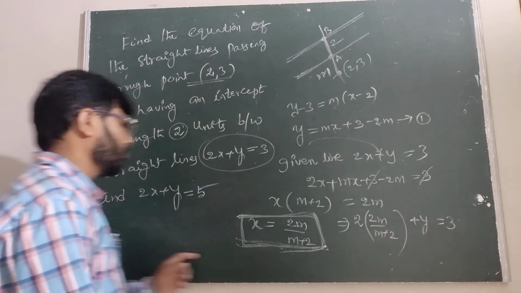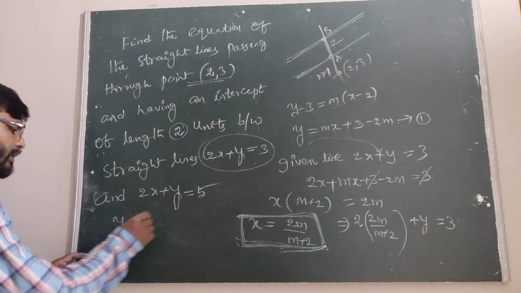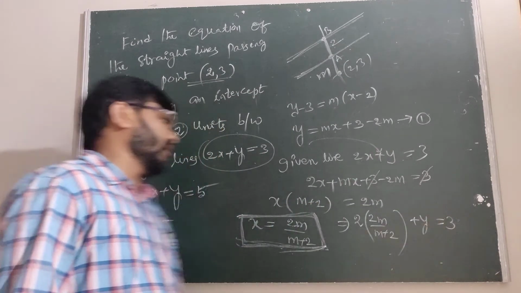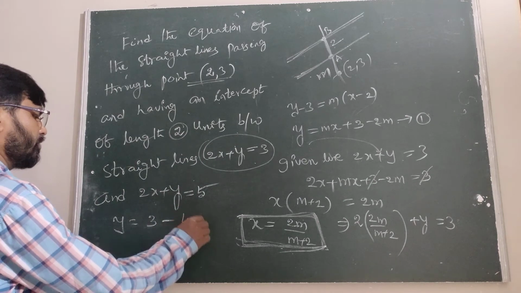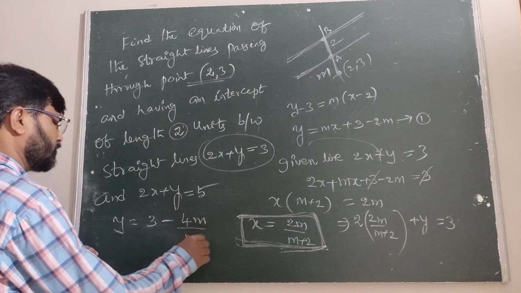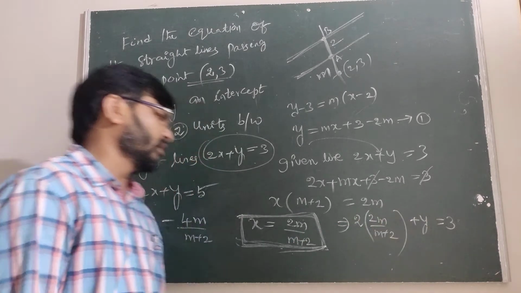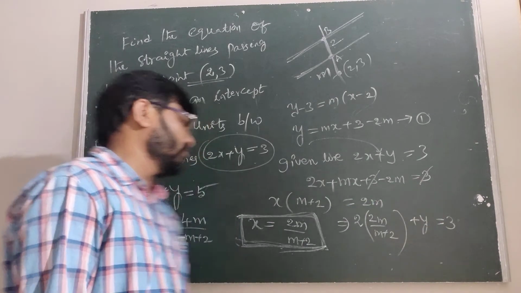How to get y? The y is 3 minus, this will be sent to the other side, minus 4m by m plus 2. Is it clear? This is the 4m, 2 twos are 4m, sent to the other side, minus 4m.